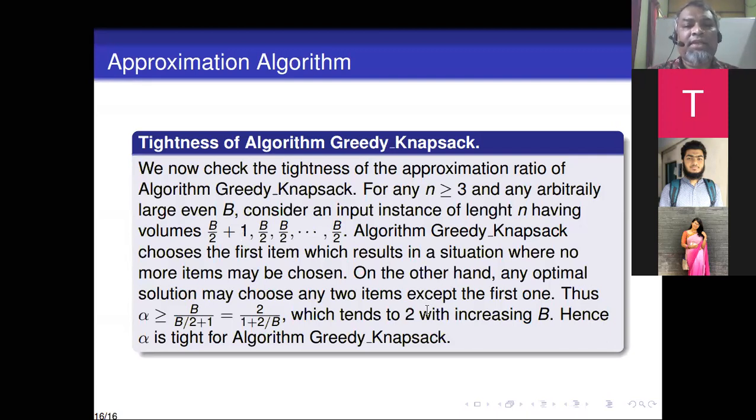Thus alpha is 2b divided by b plus 2, a ratio which tends to 2 with increasing b. If the size of b is increased, then it tends to 2, and hence alpha is tight for algorithm greedy knapsack.